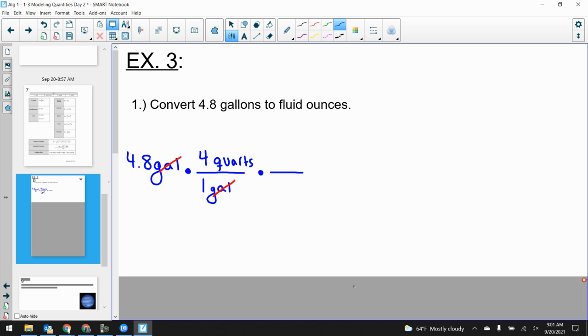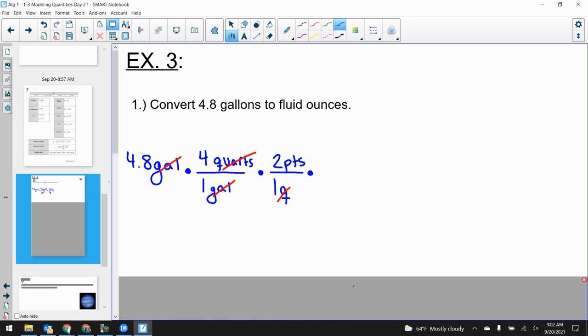Okay, now, am I at fluid ounces yet? No. So I need to keep going. I'm only at quarts. Well, what's the only thing I have with quarts on it? 1 quart is 2 pints. And again, I want them diagonal so they will cancel. Am I there yet?